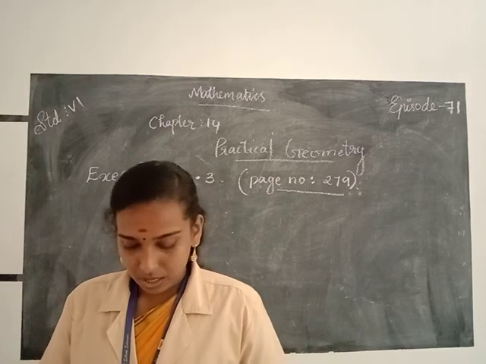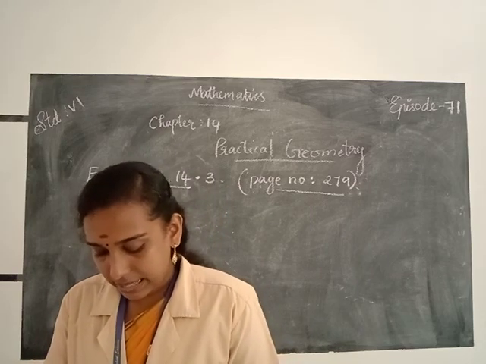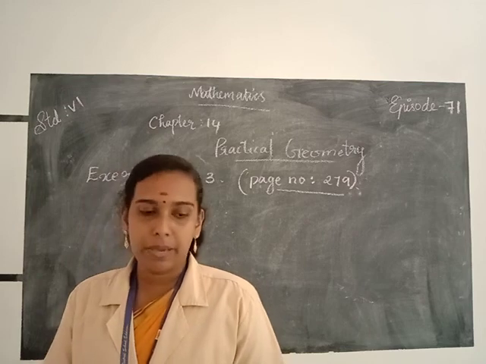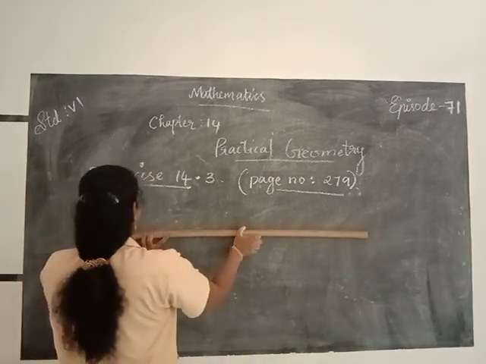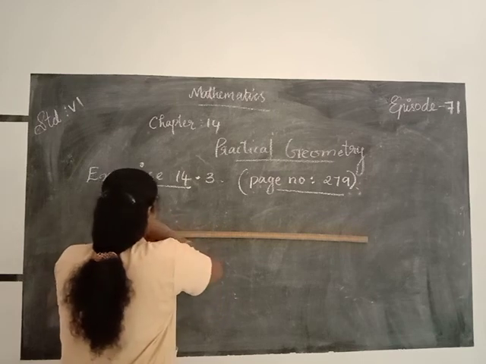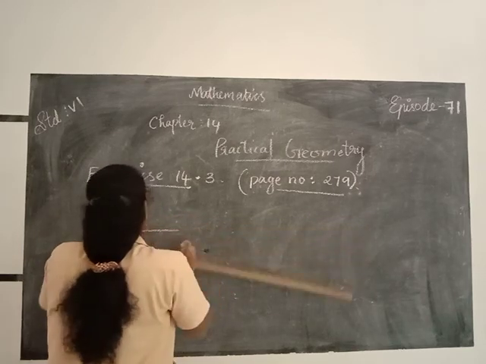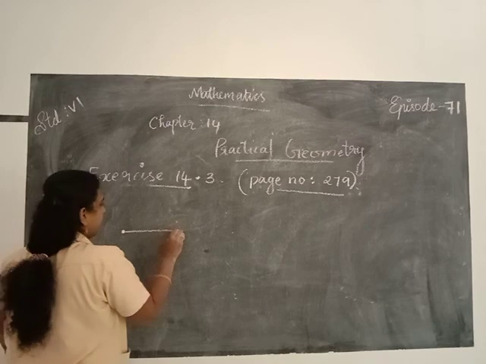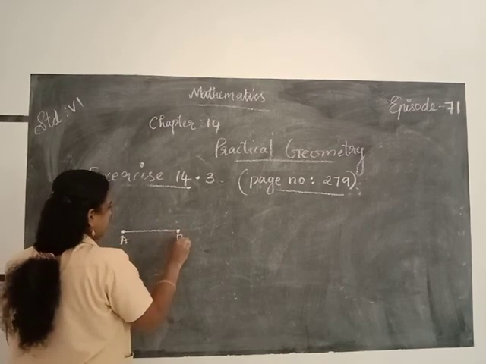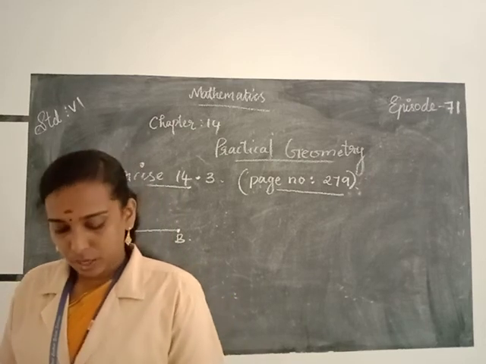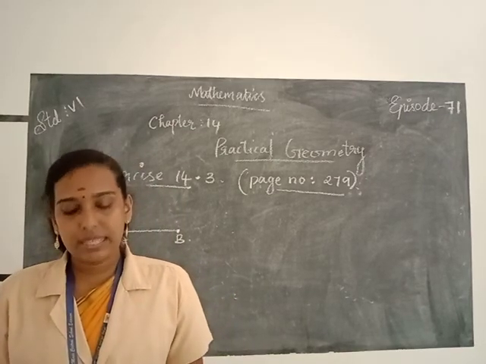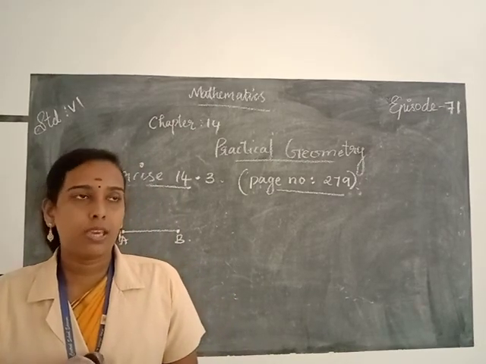So here, first you draw the given line segment AB. Here is the given line segment AB. Then we want to draw a line segment PQ whose length is twice that of line segment AB.